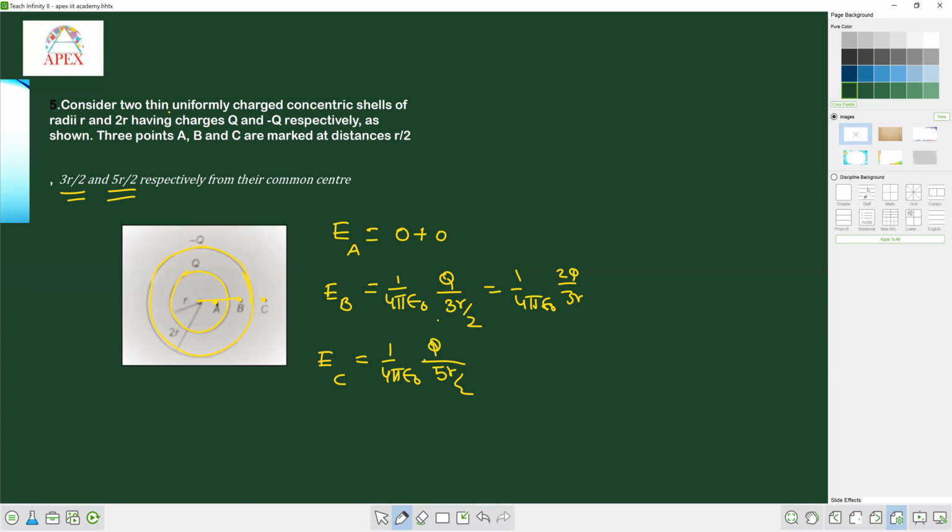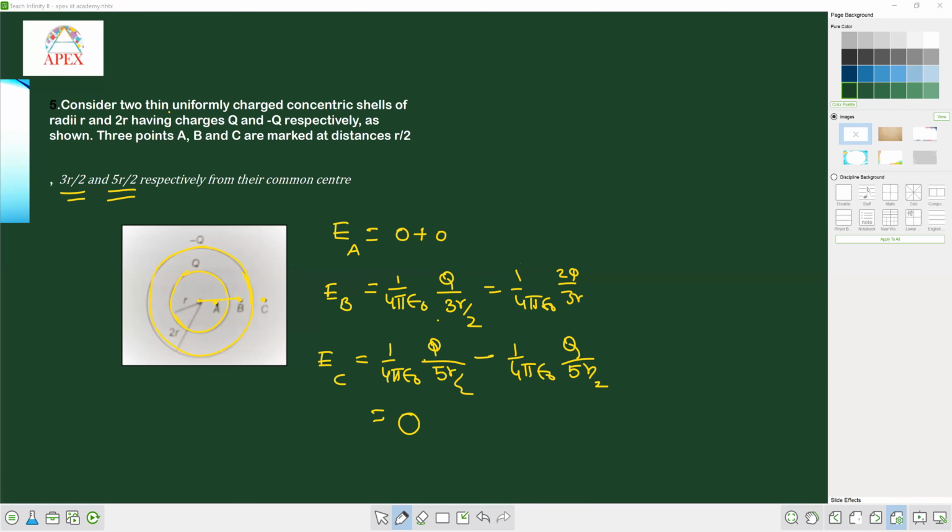And due to the second one, it is 1 by 4 pi epsilon naught, Q by the distance from the center, and here also the distance is the same, 5R by 2. But the charge on the inner shell is Q, and on the outer shell the charge is minus Q. That means the electric field intensity due to the inner shell is equal and opposite to the electric field due to the outer shell. So the resultant will be 0.